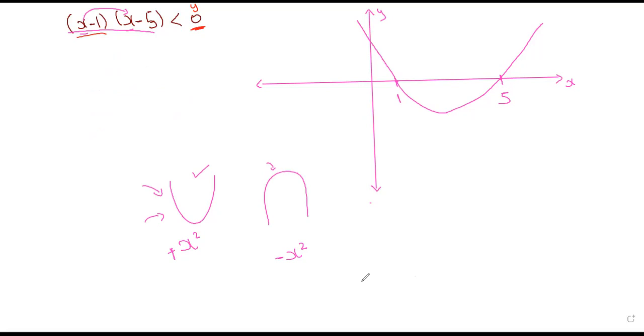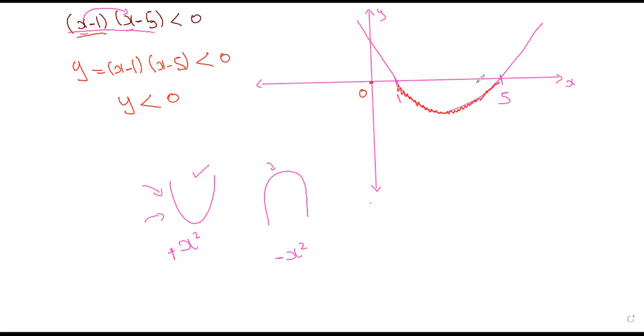Okay, think about it this way and then you will get a better understanding. This was the question. Write it down this way. y equals (x minus 1)(x minus 5) less than 0. This means that when y is less than 0. When is y less than 0? This is 0. These are the points of the graph when your y is less than 0.